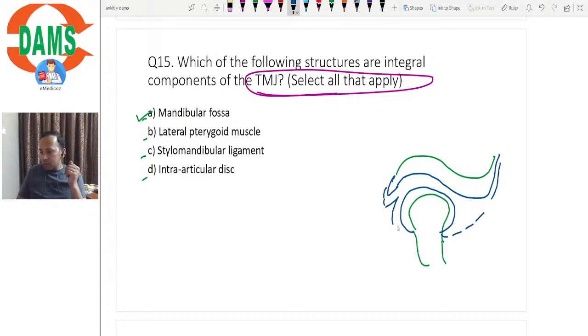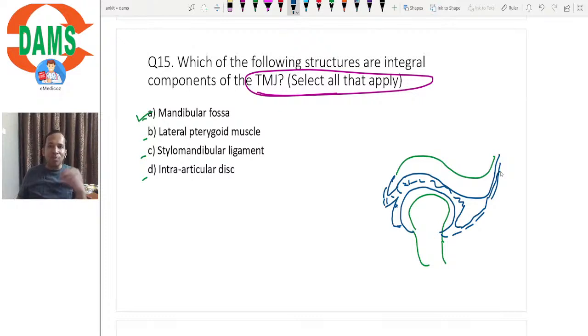What else? This is the disc, isn't it? Components like it associated, right? I don't know what it means. You decide what it means.